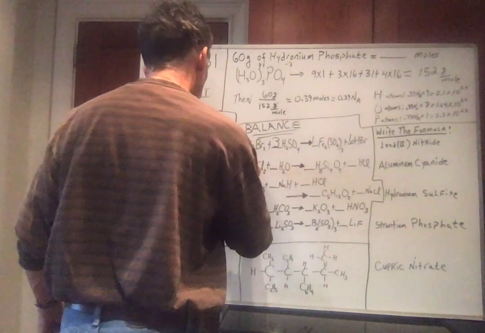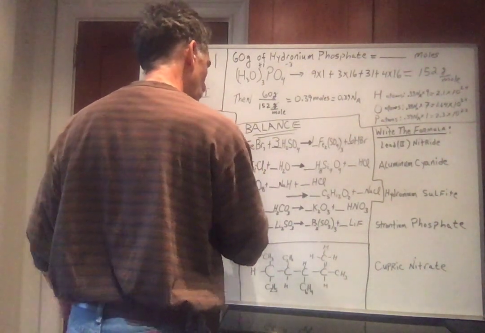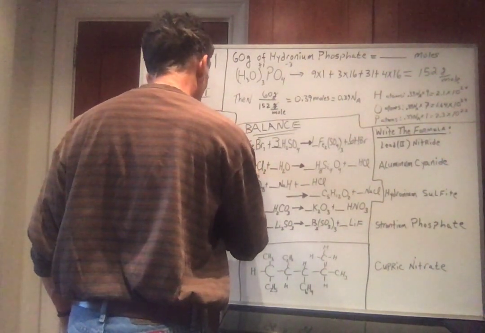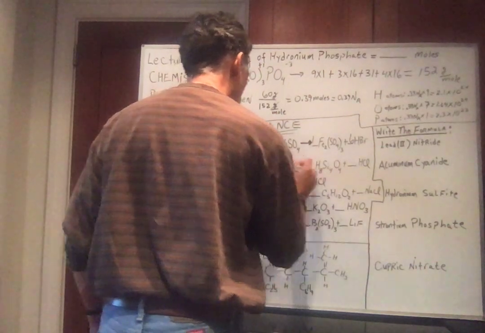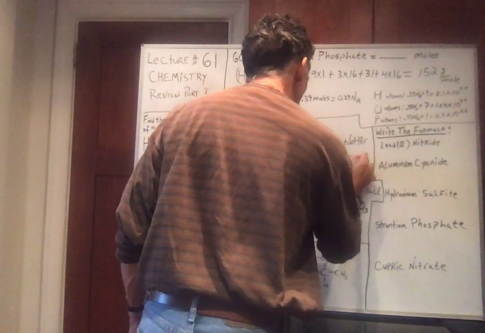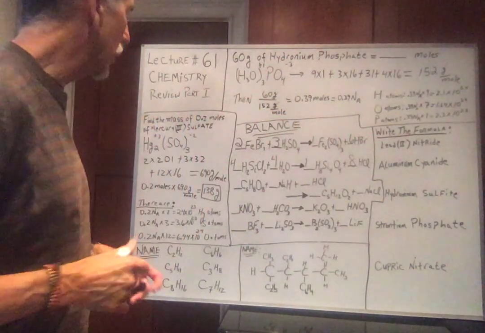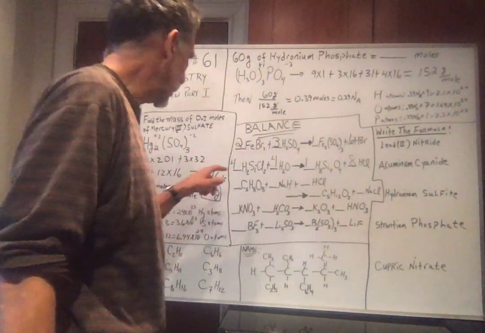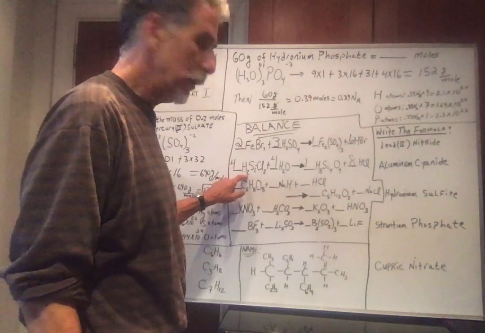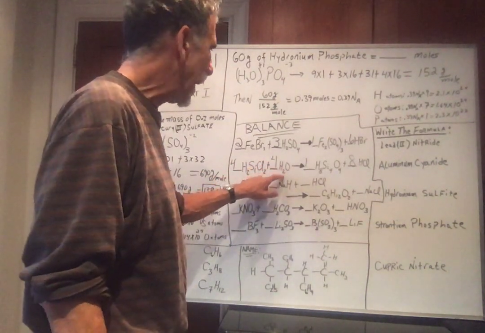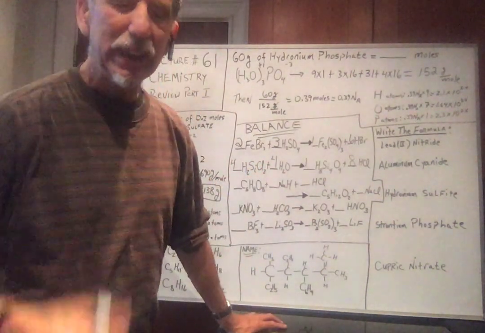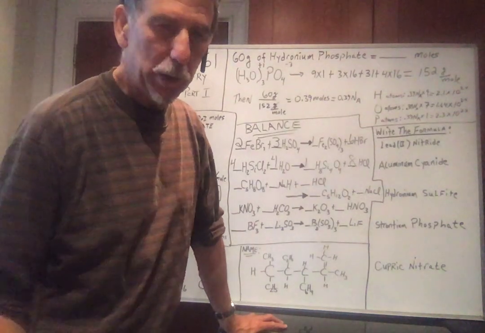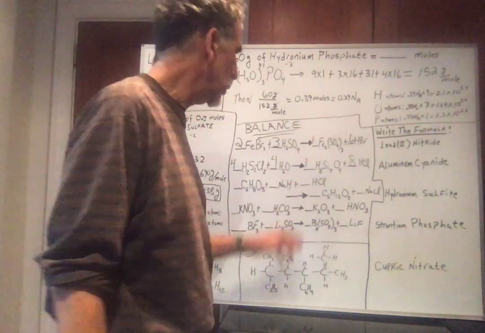Okay, let's look at this one. Let's see if I did that one correctly. All right, let's count hydrogen, shall we? 4 times 2 is 8. So I'm starting with 16 hydrogens. Therefore, we must finish with 16 hydrogens.